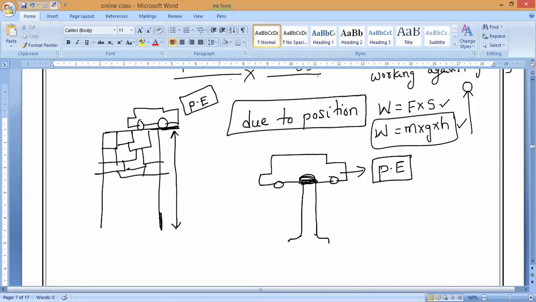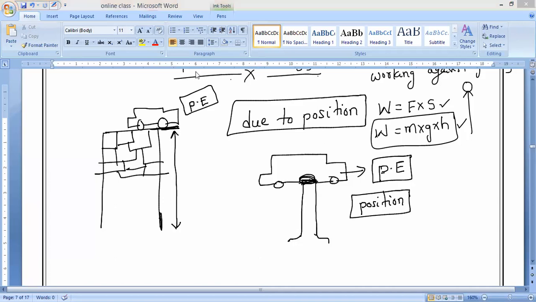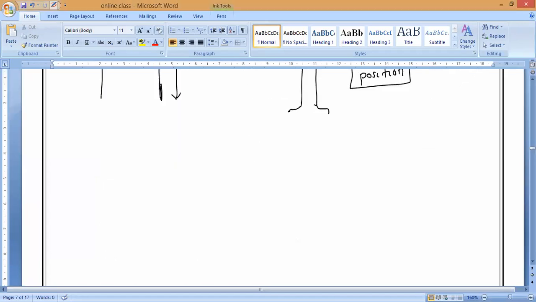That is what we call potential energy. Due to the position, the energy acquired by a body is called potential energy. Understand? So now let us understand what this potential energy is and how it works.